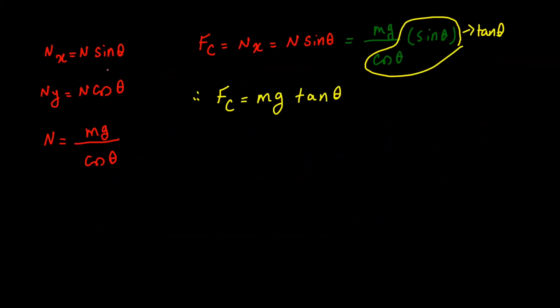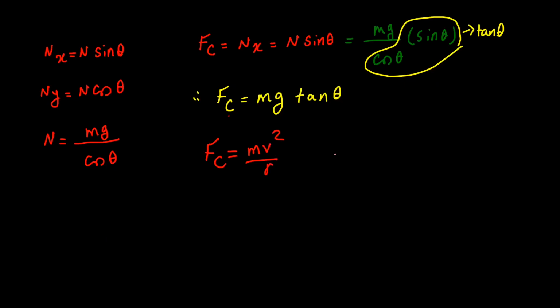So far we saw Nx equals N sine theta, and Ny equals N cos theta. As a result, we found our N. And Fc, or centripetal force, is equal to Nx, and as a result we found Fc equals mg tan theta. In addition, we know Fc is equal to mv squared divided by r.